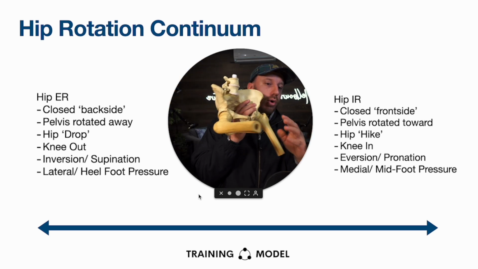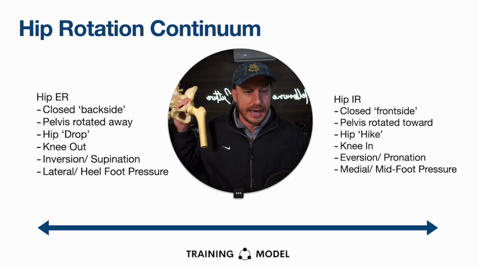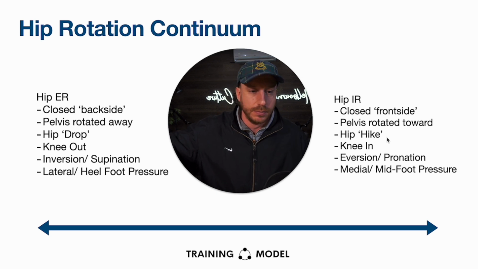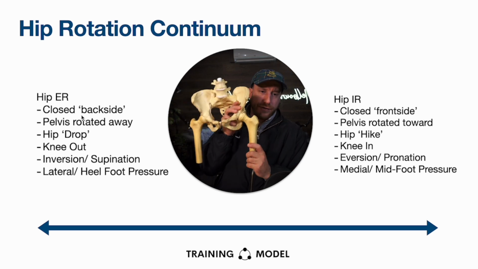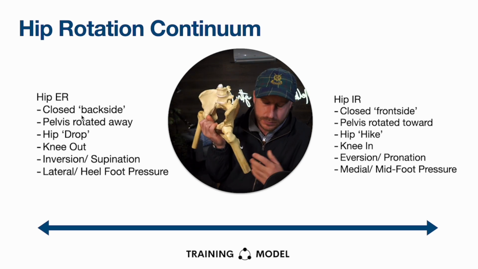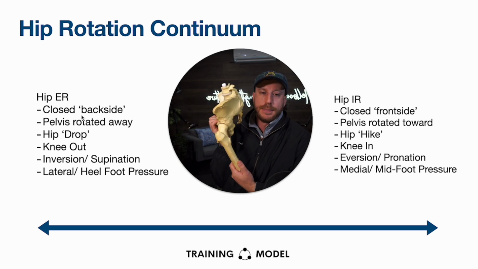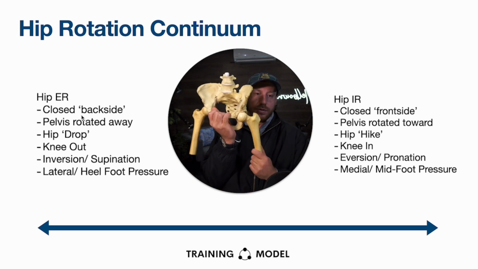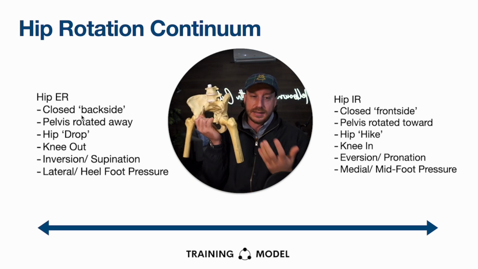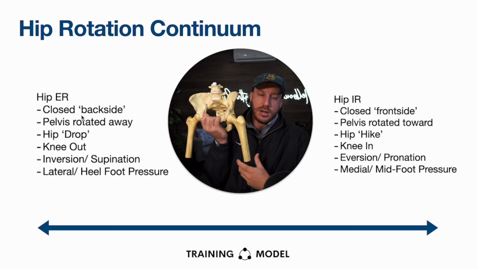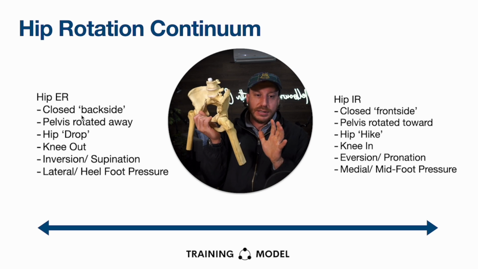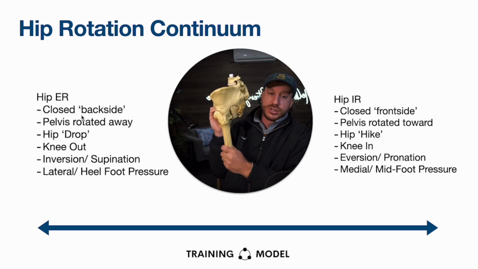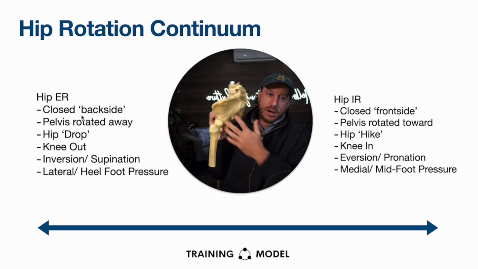So let's explore hip ER and IR on the continuum of hip rotation, total hip rotation. So let's unpack hip ER first. The first thing, we know that when we externally rotate a hip, the femur can drive that movement. I like to think of this as a distal driver of motion. The femur can rotate laterally to close the backside of this pelvis, your butt cheek.